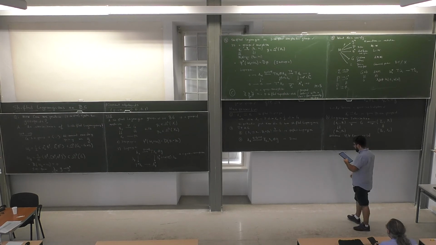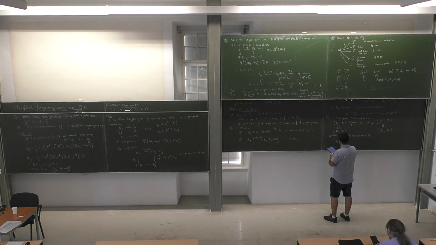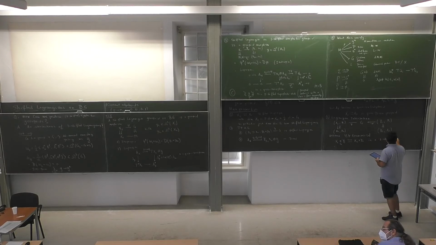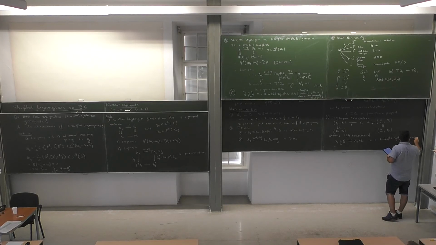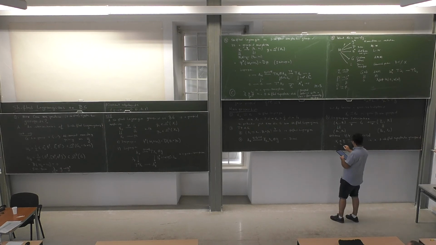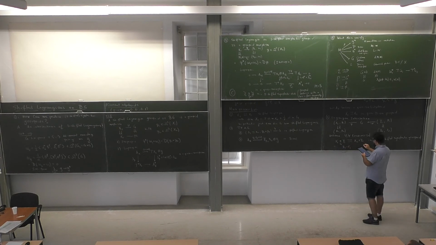Then the theorem is that x1 times over G y1 over x0 times over G y0 is a one-shifted symplectic groupoid. So which are the forms? Well, the two-form is just beta 1 minus gamma 1, and the three-form is beta 0 minus gamma 0.